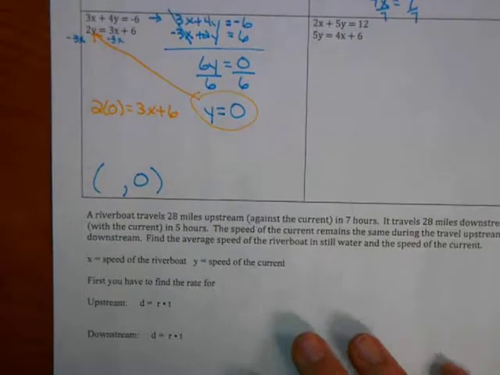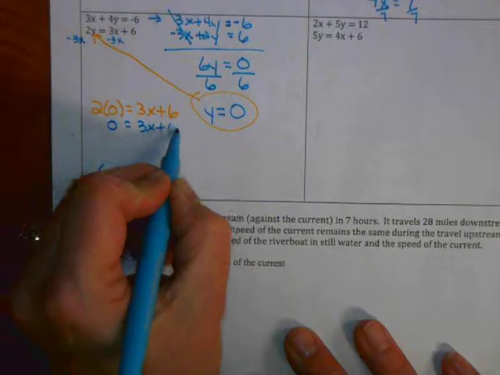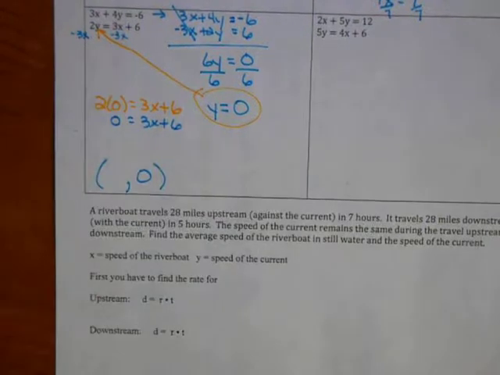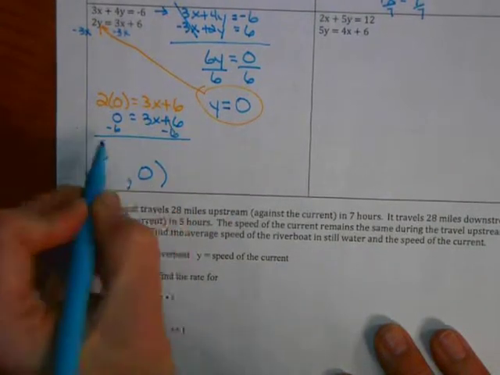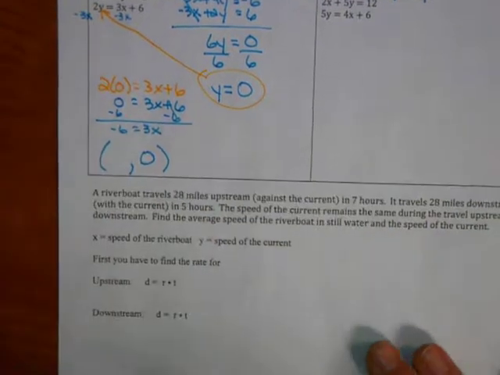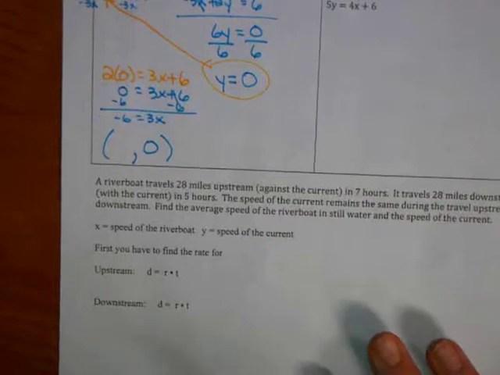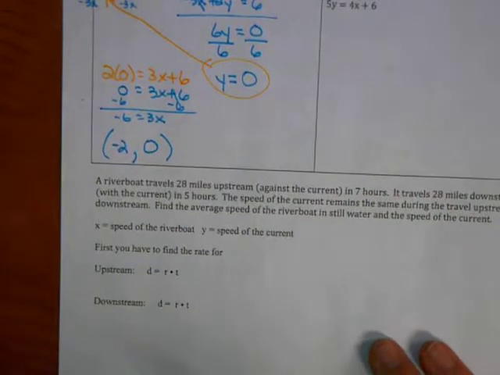You can do that one. 0 equals 3x plus 6. What would you do now? You have to subtract 6. Negative 6 equals 3x. So then what does x equal to? Negative 2. Cool?